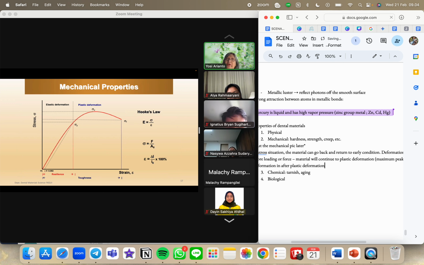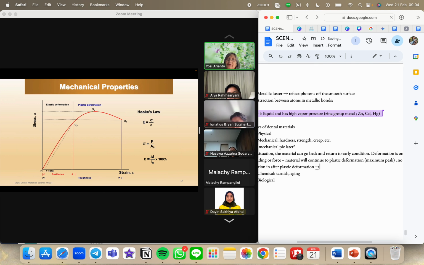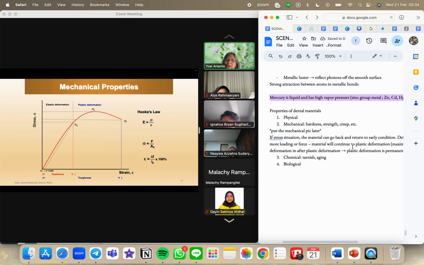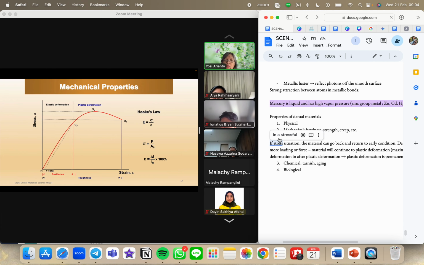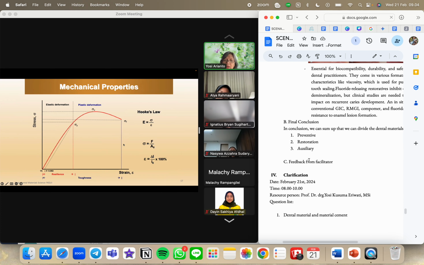So the material sometimes changes. Maybe if it is a metal, they have necking. And we can also see here from this the strain.